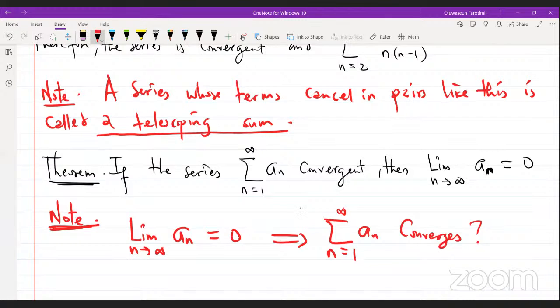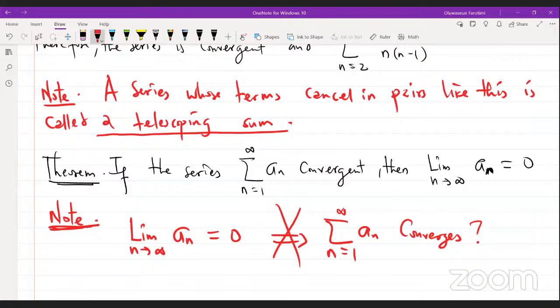The answer is no. Okay, now let me just do a little recap at this point. If you have a series, when is a series said to converge? The first thing you need to do, pick up the sequence of its partial sums. Okay, so find the limit of the sequence of its partial sums. If that converges, then the series converges.